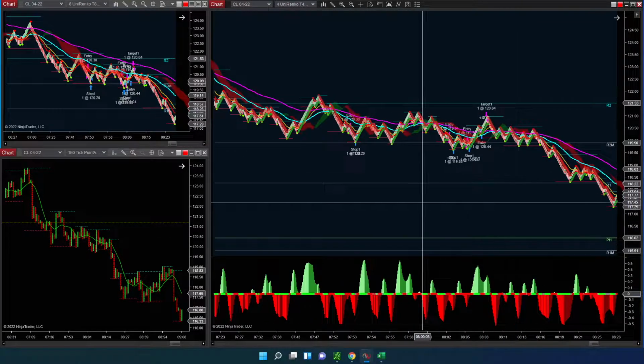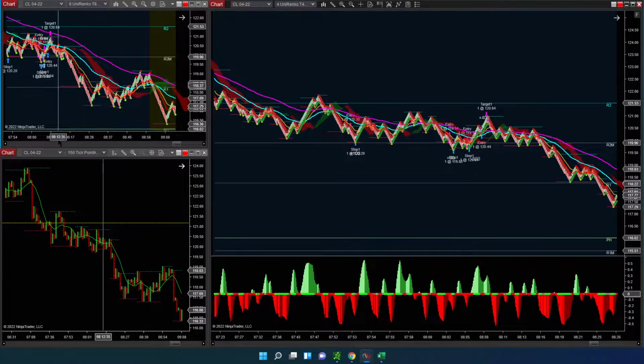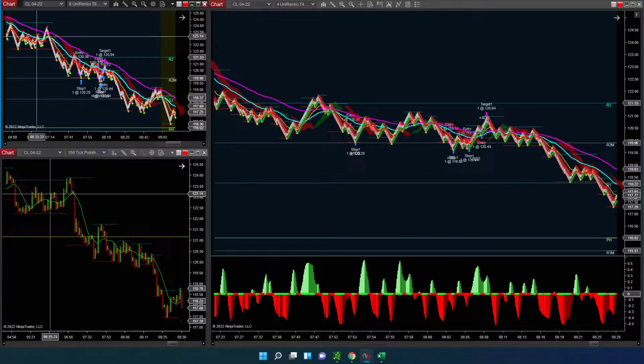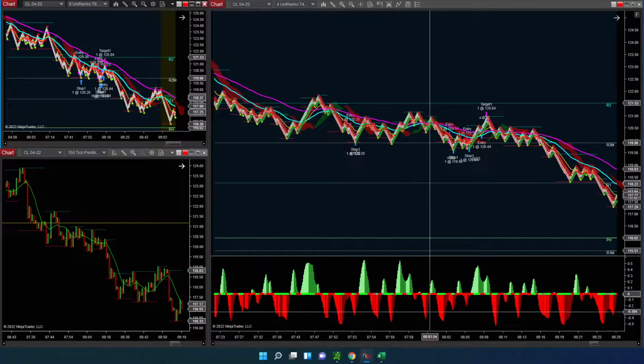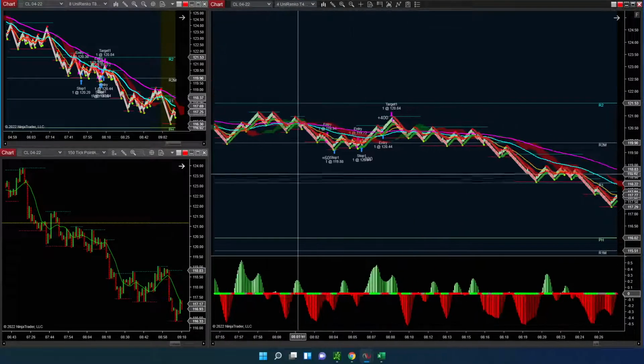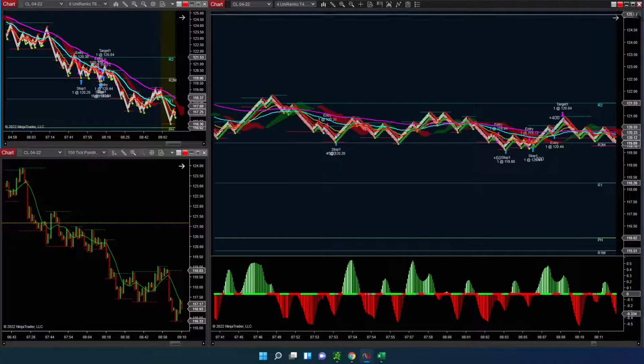Okay, so let's review this. You see that in this area there's a movement to the downside. So let's see what we have. Price is below the moving averages right here.